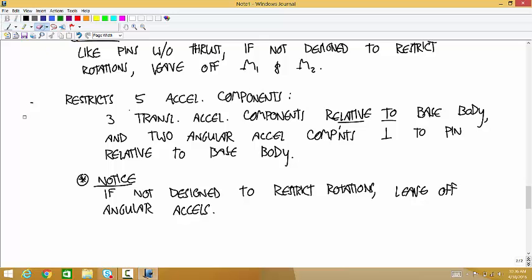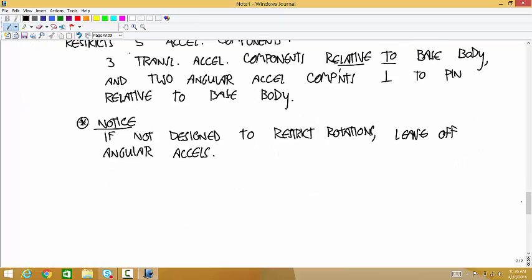Okay, and then, maybe there's not too much use in doing this in dynamics, but there is one more category of joints. Let's put it in here. There is a joint that provides 6 load variables and restricts 6 components of acceleration.